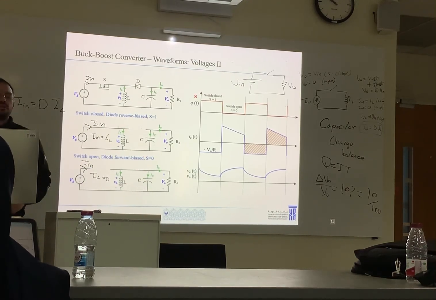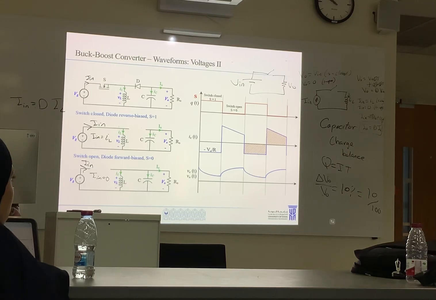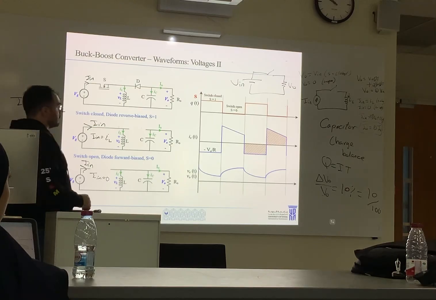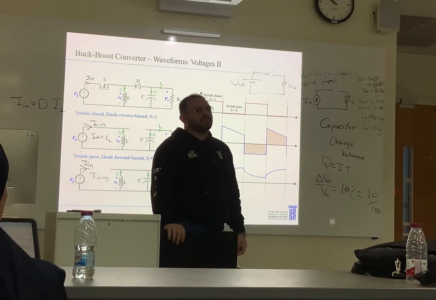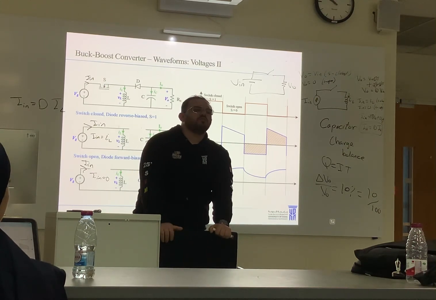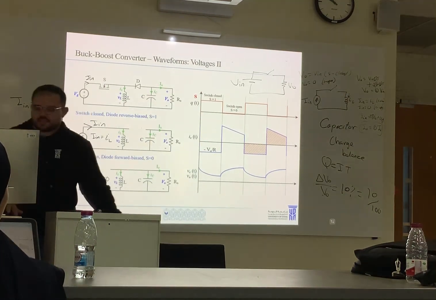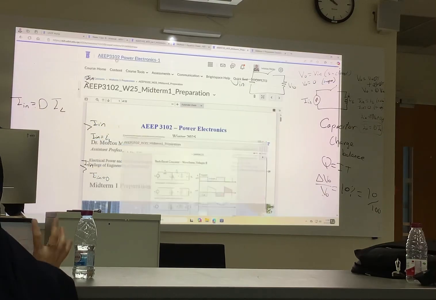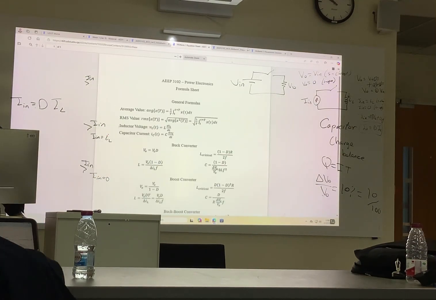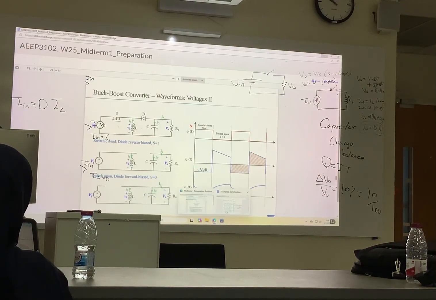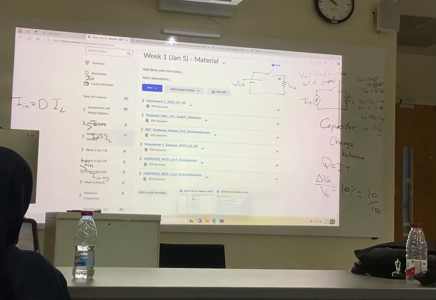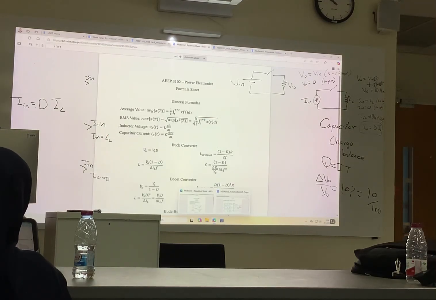Sir, why did you write T after you wrote the duty ratio and multiplied by the IL? And where did it go? For a portion of the time, you can drop the T. Why can you drop the T?